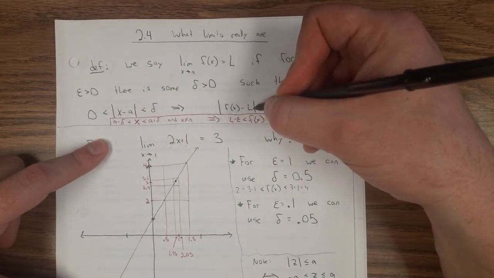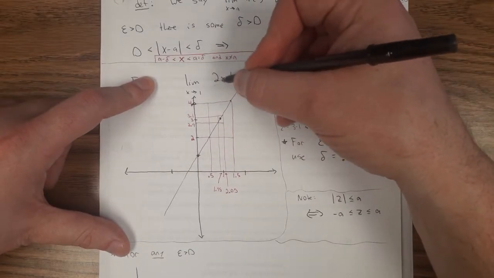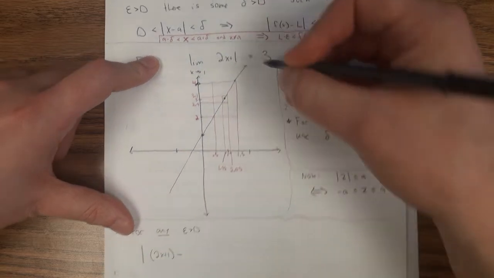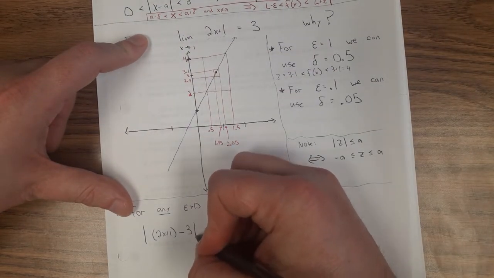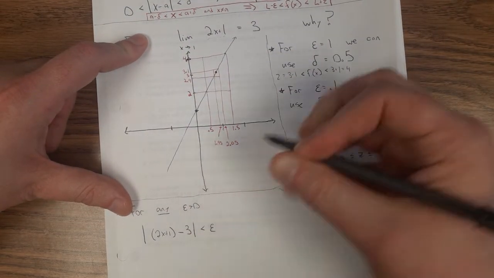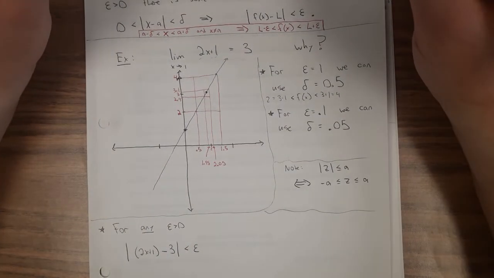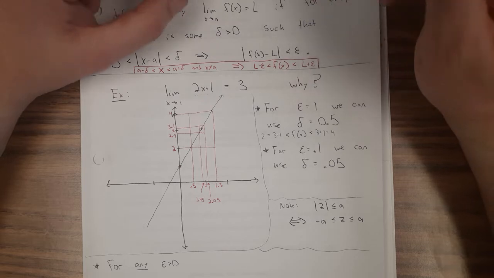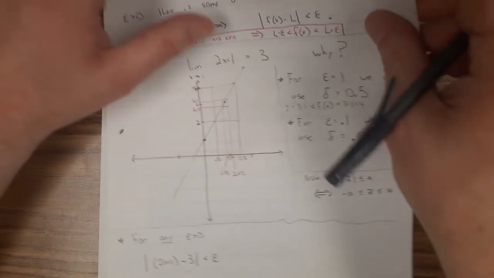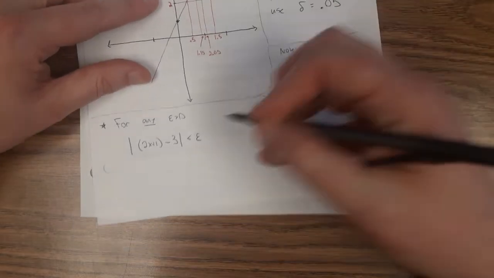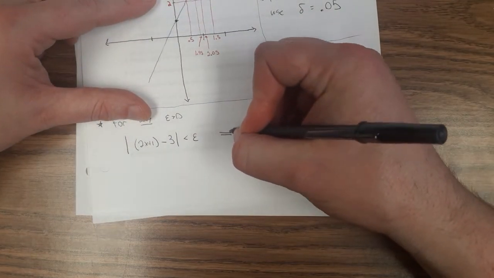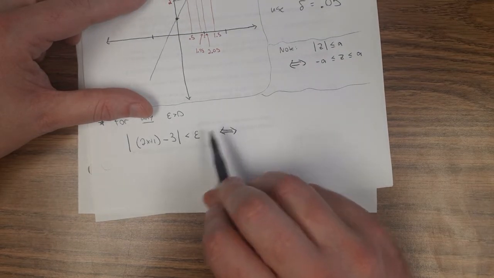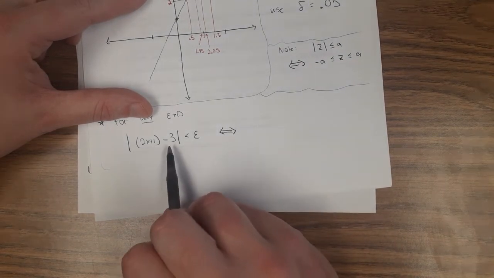I'm going to take the absolute value of f of x minus L. f of x is 2x plus 1. L is 3. And I'm just going to set that less than epsilon, because that's what I want to be true, right? That's what I want here. Now, logic is important, so let me write if and only if. All I'm going to do is simplify this.